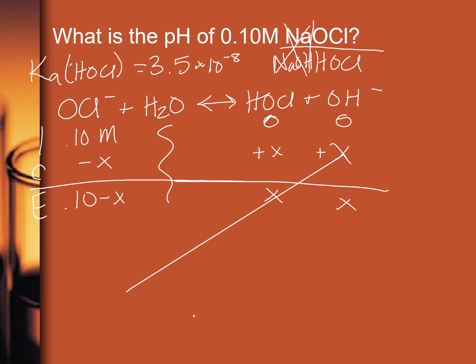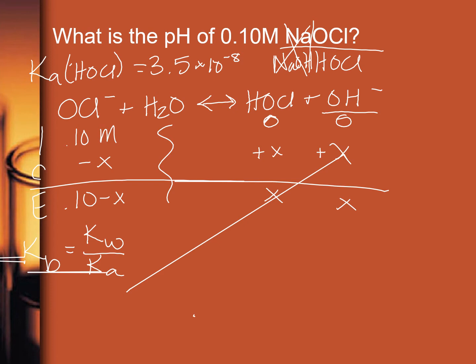Since we are dealing with hydroxide and this is basic, we are going to need to find Kb at some point in time. So since we're solving with X, we need to plug into our Kb equation, but we don't have Kb, we have Ka. So remember, that's where you can solve for Kb by rearranging that Kw equation and dividing by Ka.